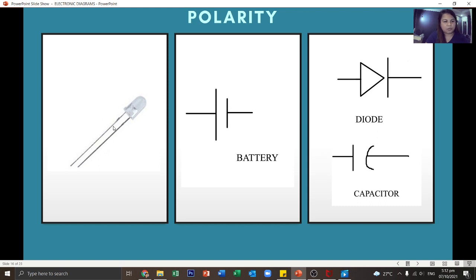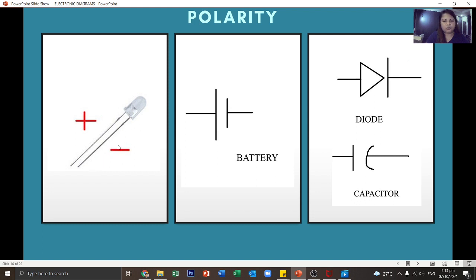On its terminals, we have the longer one and the shorter one. Which one is the positive and which one is the negative? Okay, let's take a look. The longer terminal, or the longer lead, is the positive, while the shorter is the negative.